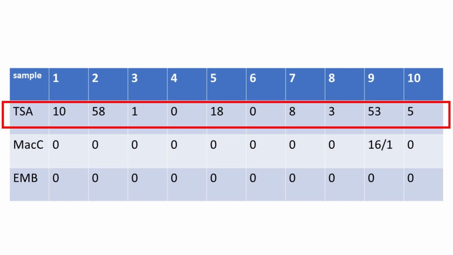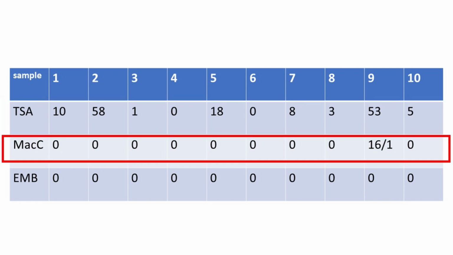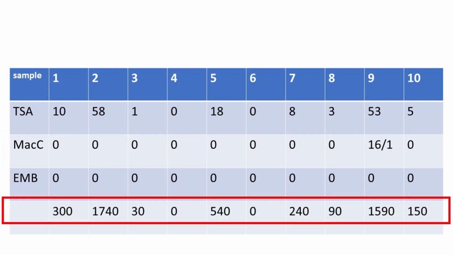It can be seen that most of the samples grew some bacteria on TSA, but there are no colonies on MacConkey agar, indicating that the collected bacteria were mostly gram-positive. If the colonies on the agar are converted back to the total number of bacteria in the sample, most samples have a bacteria count between 0 and 2,000.